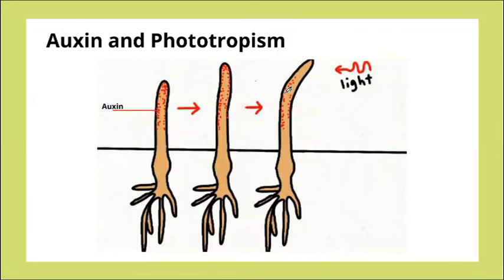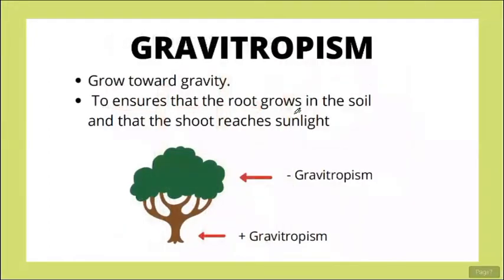Since the concentration of auxin is higher on the shaded side, it grows more on that side, and the other side grows less. This means the plant will bend toward the light.